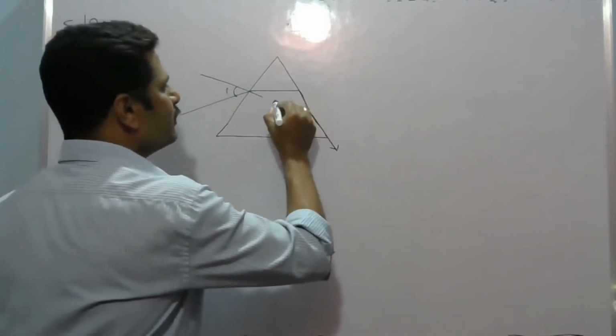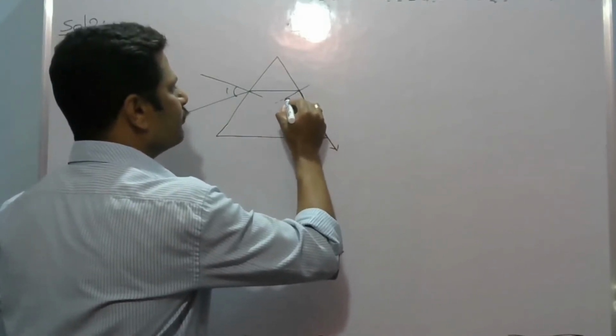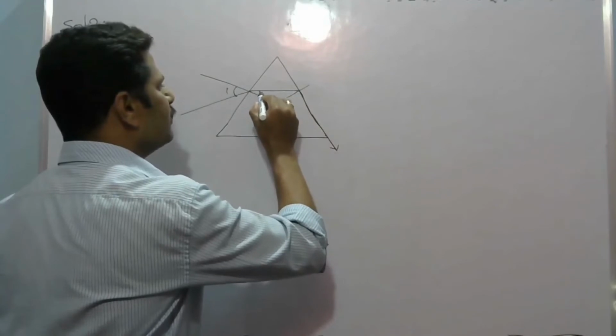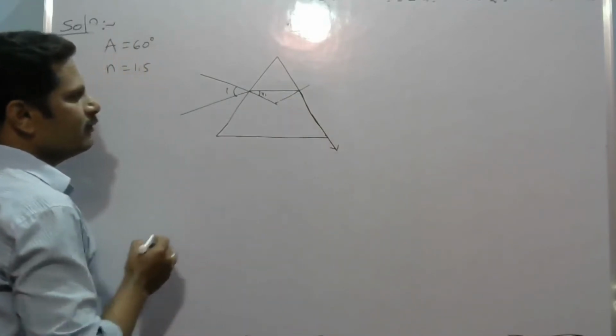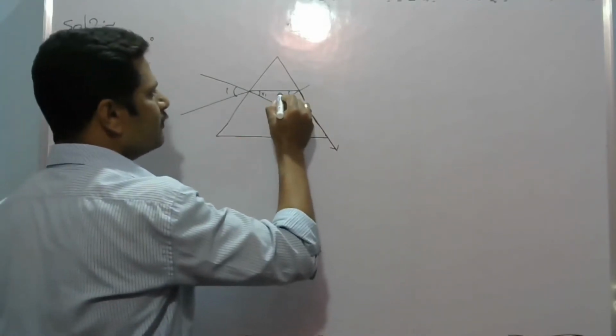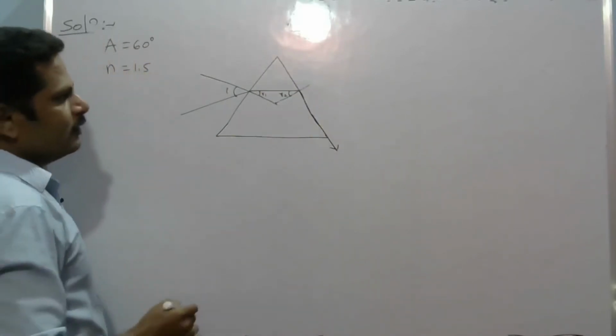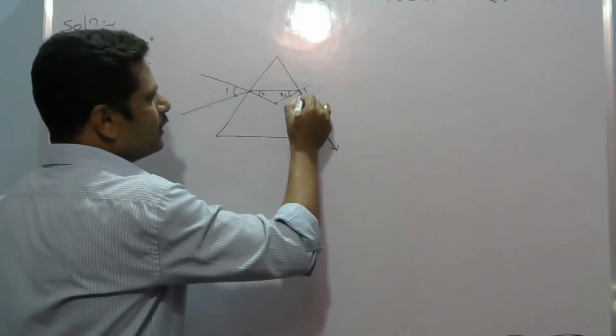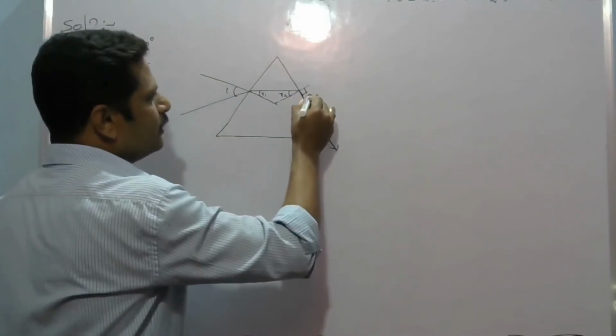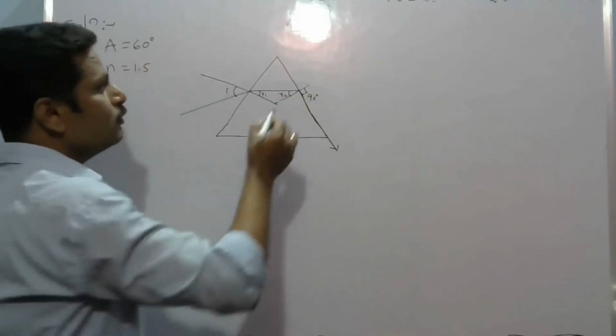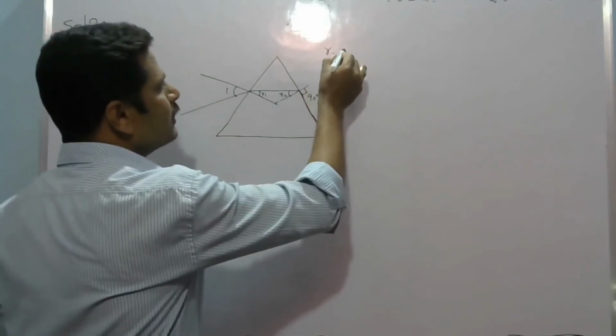Let me draw the normals here. This is R1, the angle of refraction at the first interface, and this is R2, the angle of incidence at the second interface. Now, if we get 90 degrees in the rarer medium, then the angle of incidence in the denser medium should be equal to the critical angle.